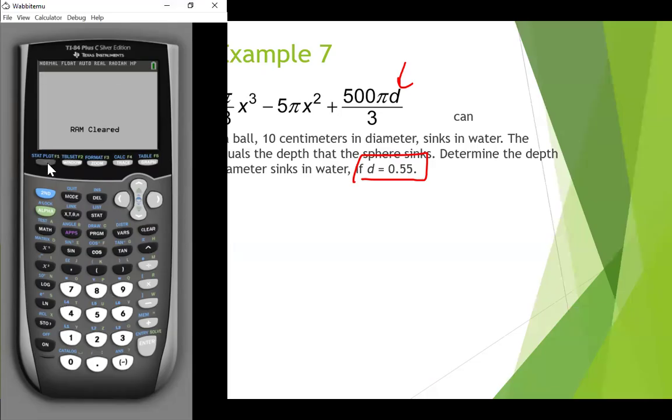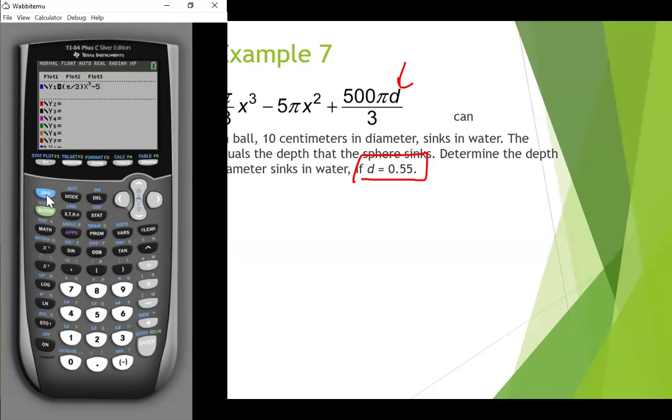So when I start typing this in, I'm just literally typing. I have to use parentheses because I don't have the fancy fraction bar like you guys do on the handhelds. So I have pi divided by 3, x to the third. That is just my leading coefficient. That is all it is.